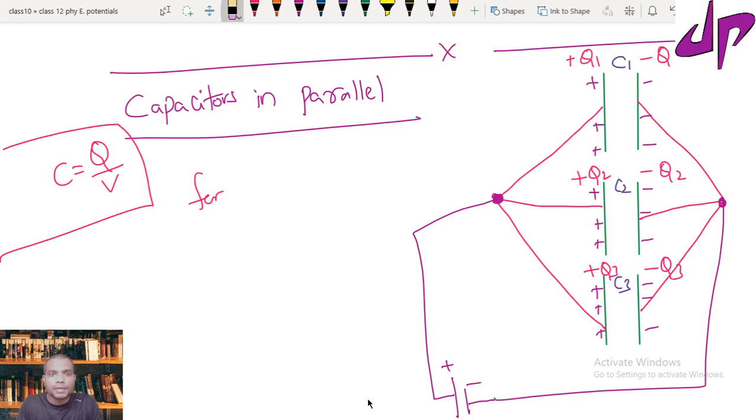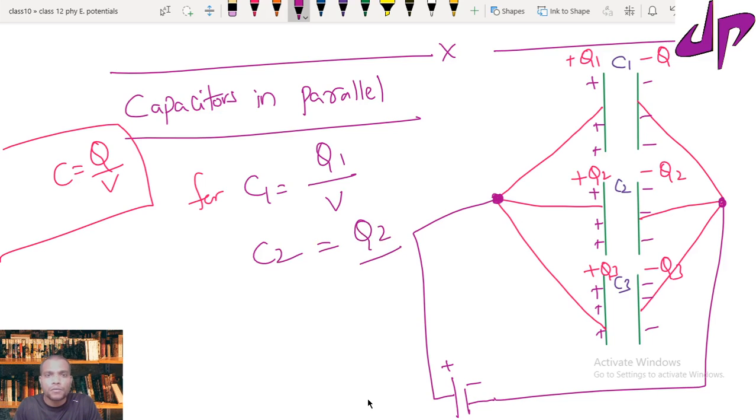For C1, since the potential is common, C1 equal to Q1 by V. Likewise, C2 equal to Q2 by V, and C3 equal to Q3 upon V.